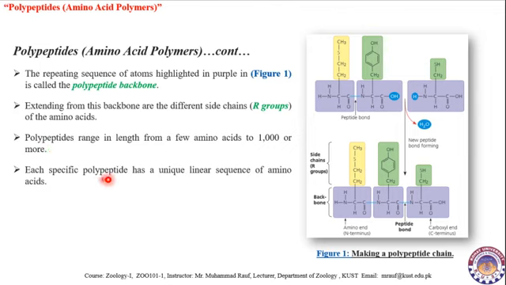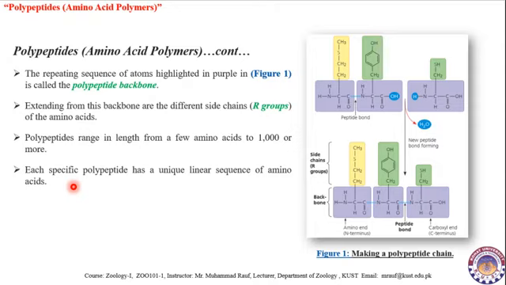Each specific polypeptide has a unique linear sequence of amino acids. Now that makes the proteins different from one another. The proteins are made up of 20 different types of amino acids, but there is enormous diversity in proteins.